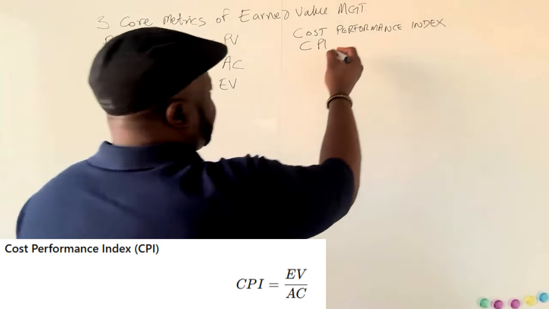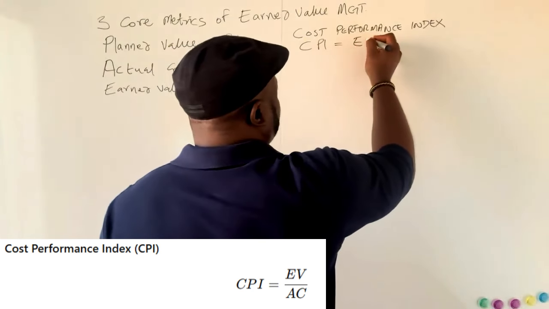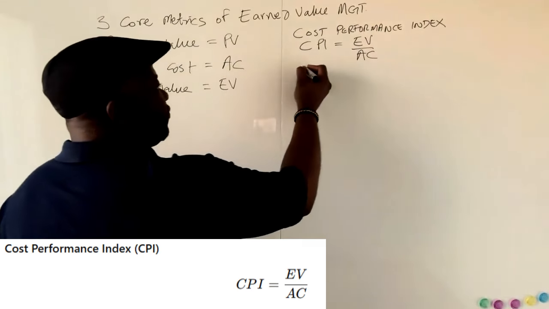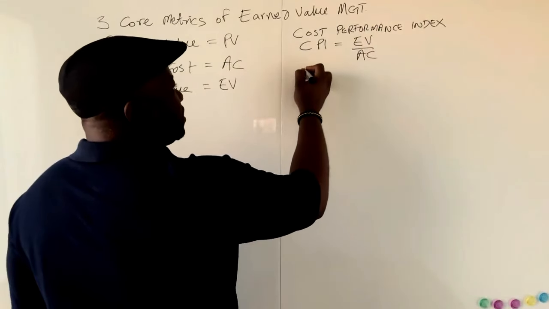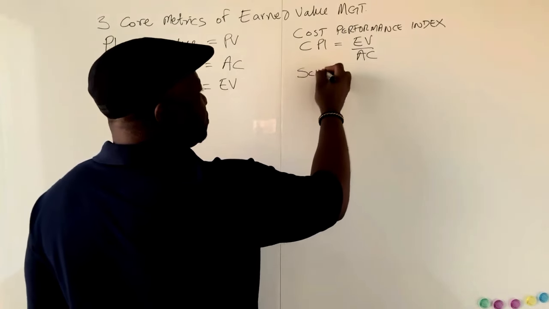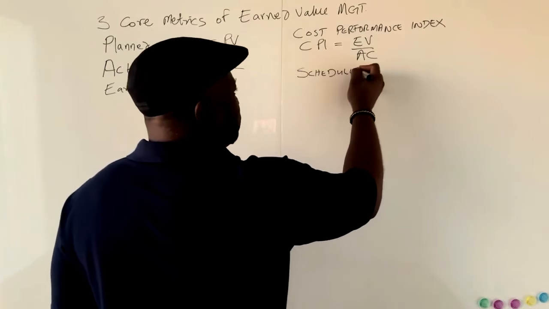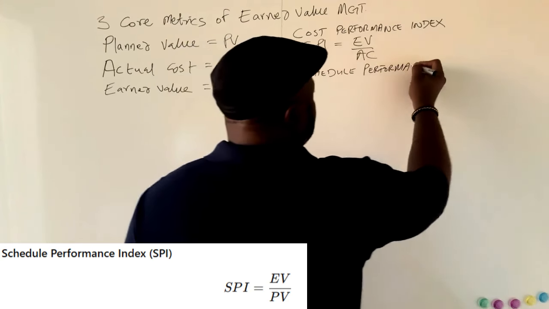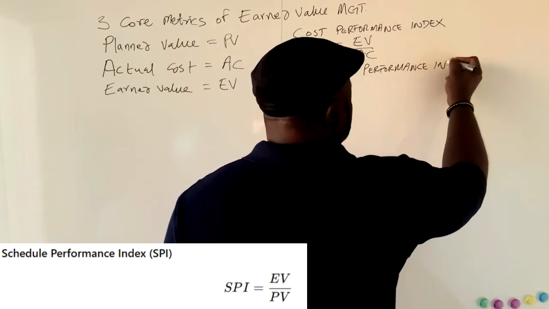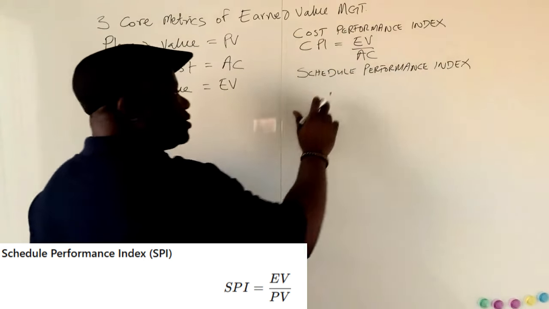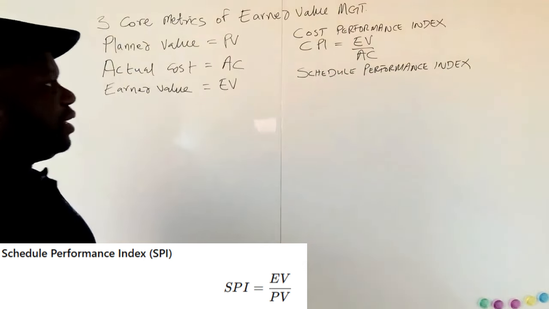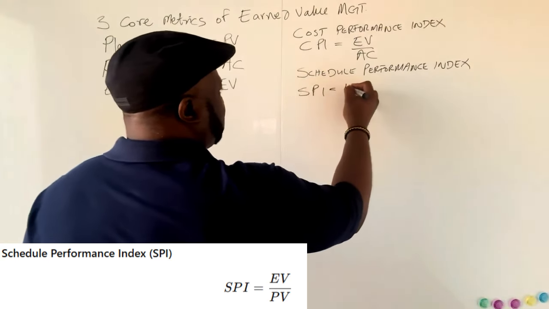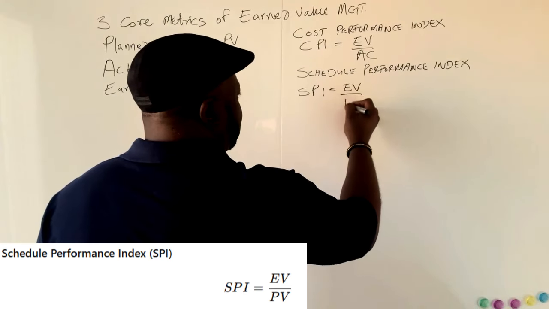The formula for this is CPI is equal to earned value divided by actual cost. We have a formula called schedule performance index. Schedule performance index is SPI, and that is equal to earned value divided by planned value.